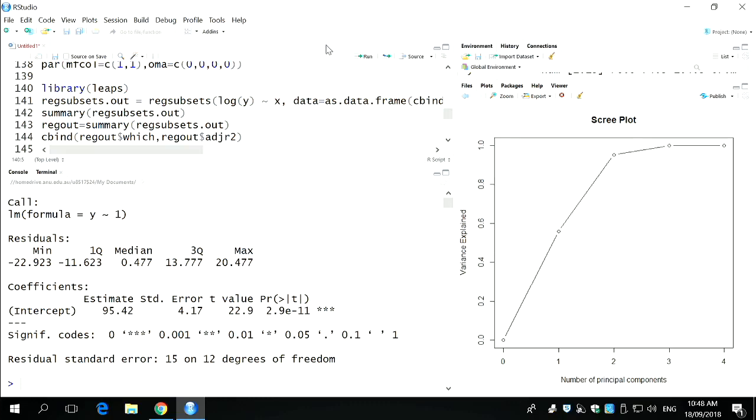Now, there are alternative approaches. There's an alternative approach called backwards elimination. That starts with everything in the model and then pulls them out one at a time. And you pull out the worst one each time. Okay? And then there's an approach called forward stepwise, which does a bit of back and forth.